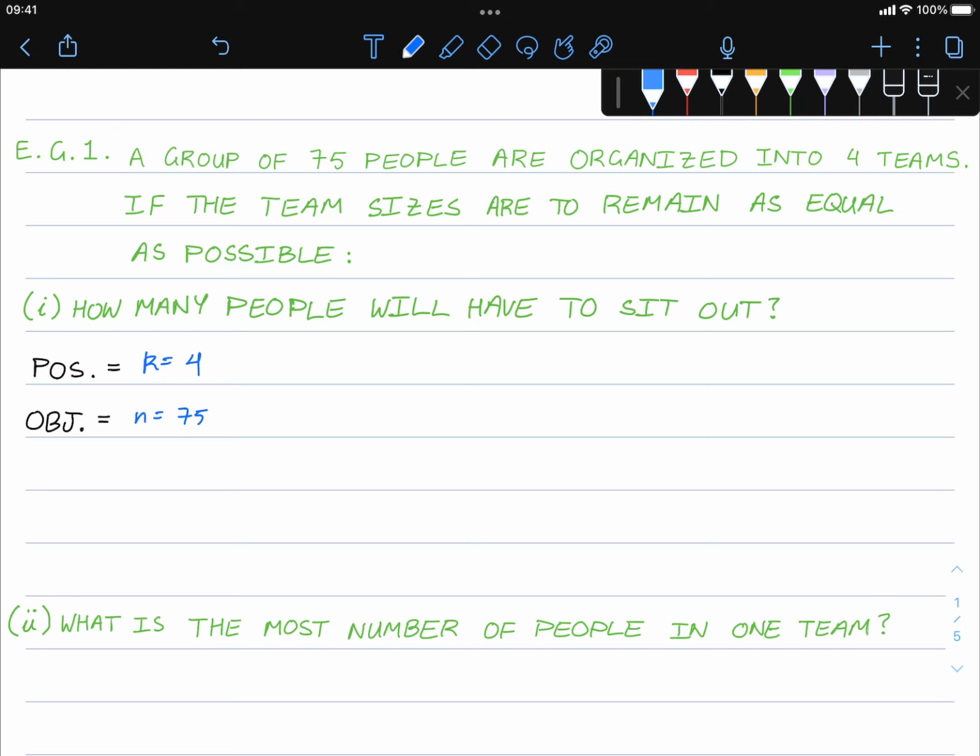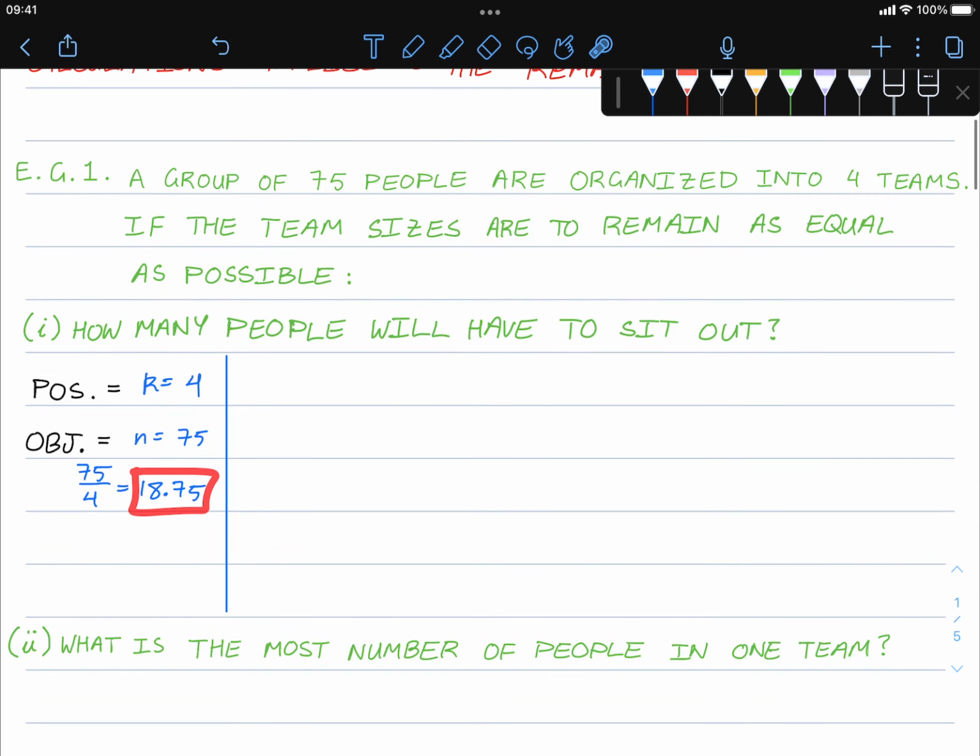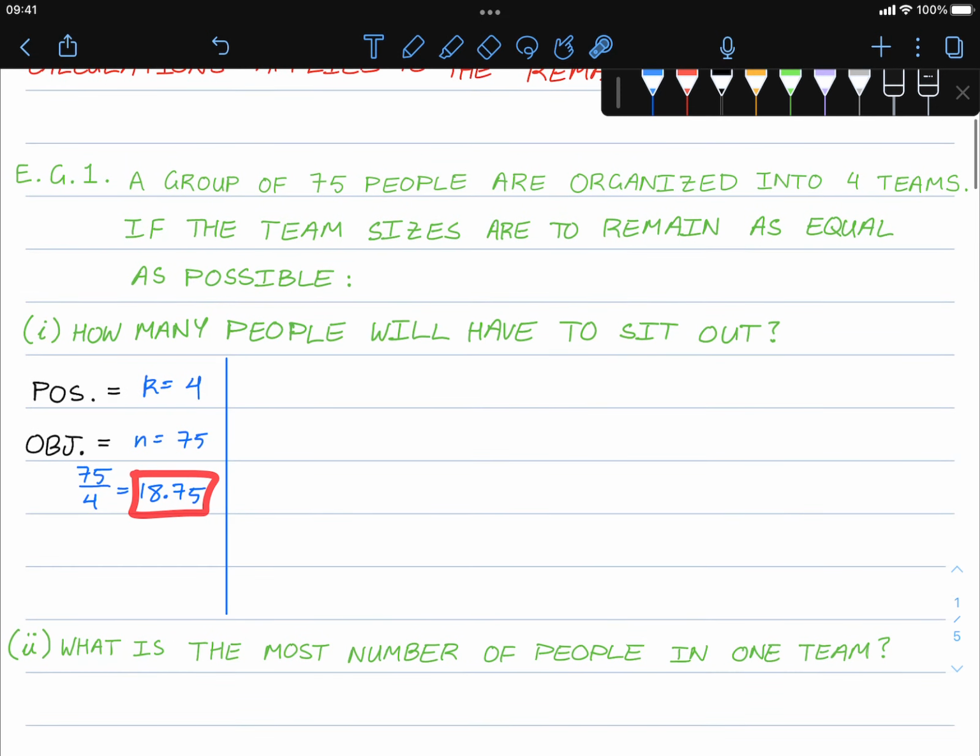By the generalized pigeonhole principle, 75 over 4, if you type that into your calculator, you will get 18.75. Now, this obviously doesn't make sense because we can't have 18.75 people on one team.